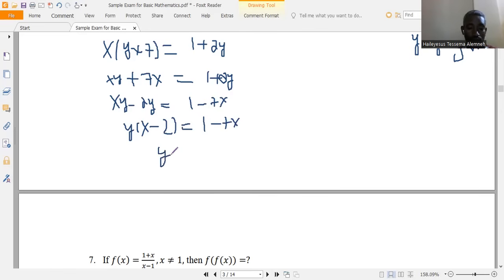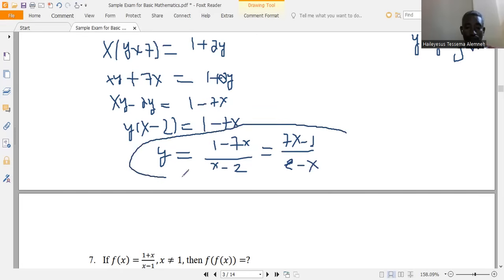So solving for y, y is equal to 1 minus 7x over x minus 2, or we can get 7x minus 1 over 2 minus x. Either one is the f inverse, which we solved for y.